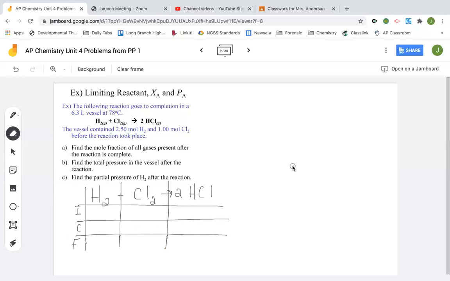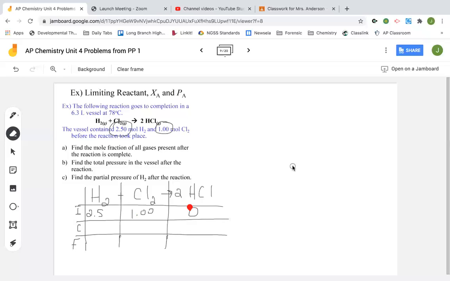So initially, how many moles of each substance do we have? Well, in the question, it says we have 2.5 mole of H2 and 1 mole of Cl2. So that's what we're going to put in our chart. And we have no initial moles of HCl.